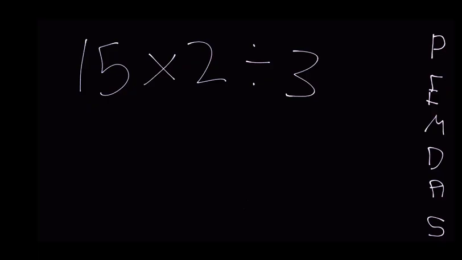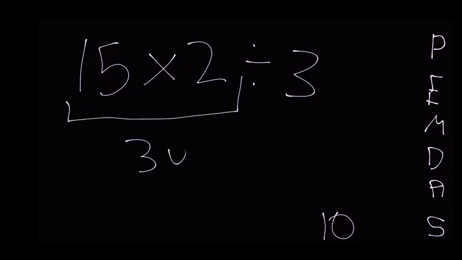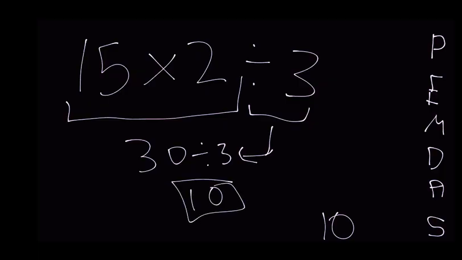So what number you should get is, you should get 10. Why? It's because you do this first, you multiply this, which equals 30. Then you take this 3, bring it down, divide it by 3, and you get 10. Like that.